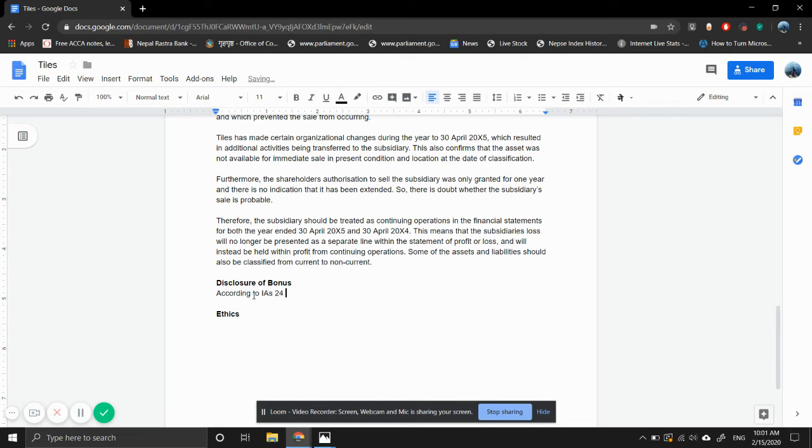according to IAS 24, related party transaction disclosures. A member of key management personnel is related to the reporting entity, right?